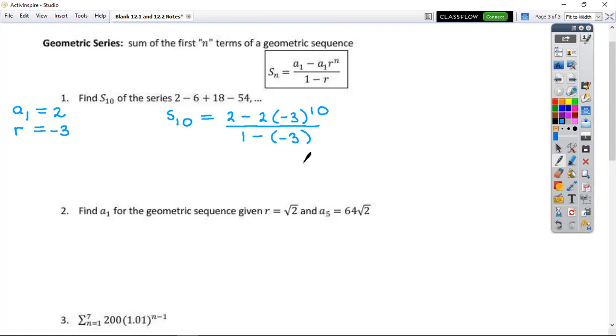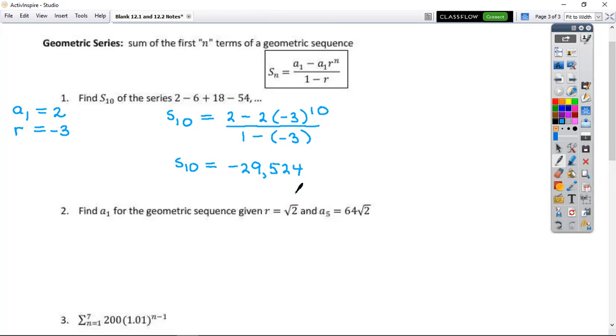You're going to just use your alpha y equals key, type it in. And what do we get for that one? So I got negative 29,524. Expect your geometric ones to be larger and really small answers as well, just because it follows that exponential model.